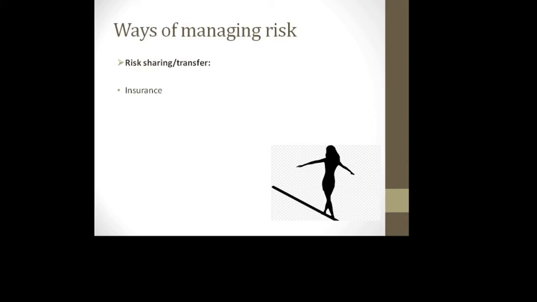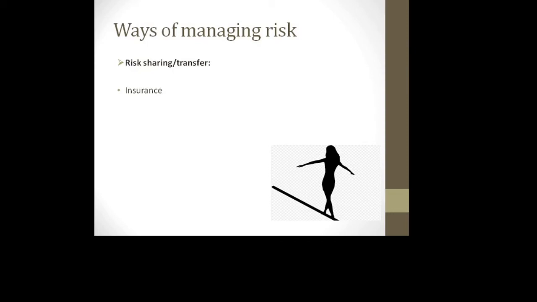Sum assured is the maximum amount of compensation paid by an insurance company to a policy holder, that is the organization. So the maximum amount is 15 lakh and the loss that has occurred is 10 lakh. In this circumstance, the insurance company will compensate the organization by giving back the 10 lakh.